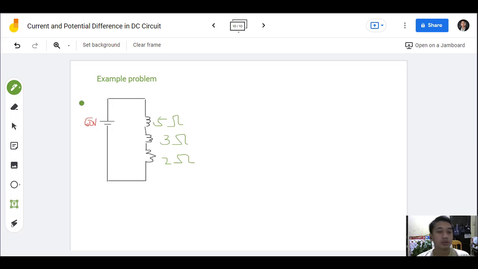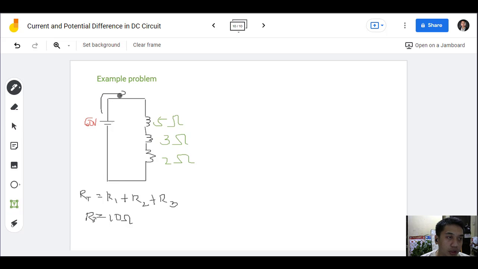Okay. So let us find the total resistance for this. The total resistance is R1 plus R2 plus R3. So we will add these up: 5 plus 3 plus 2, that will become 10 ohms as our total resistance. Now, let us identify the total current, or the current flow rather, for this.